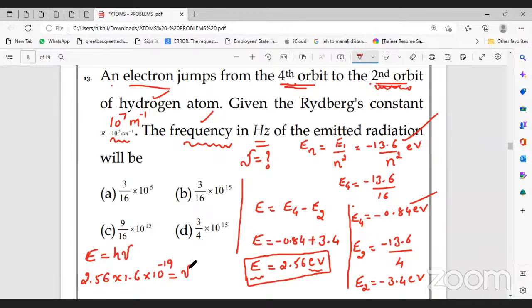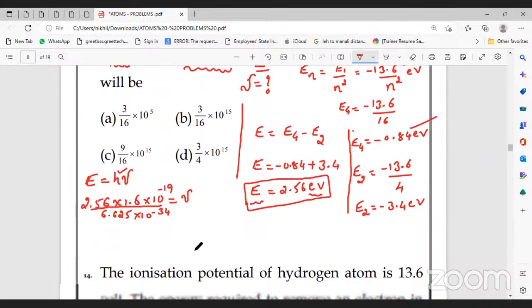I will keep nu as it is because I have to find that. I take h to the denominator on the other side, and instead of writing h, I substitute the value of h, 6.625 into 10 power minus 34. So what will be the nu then?